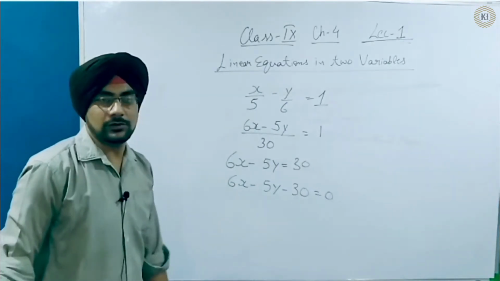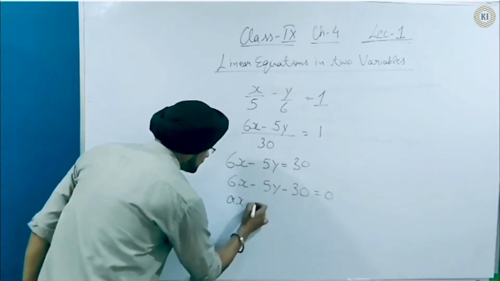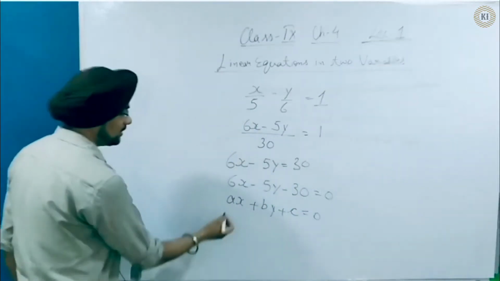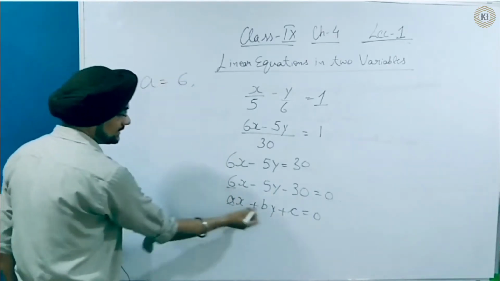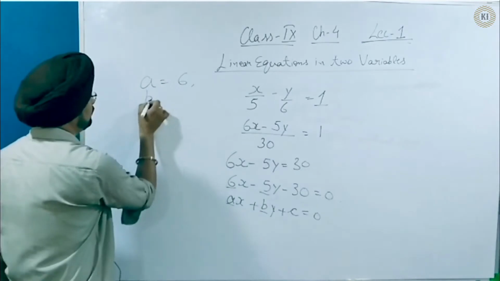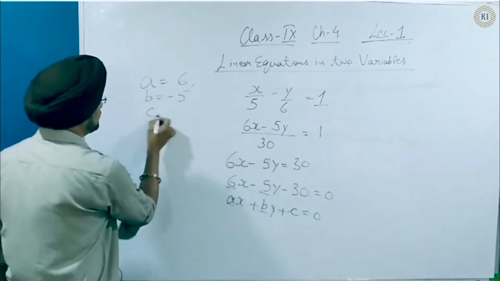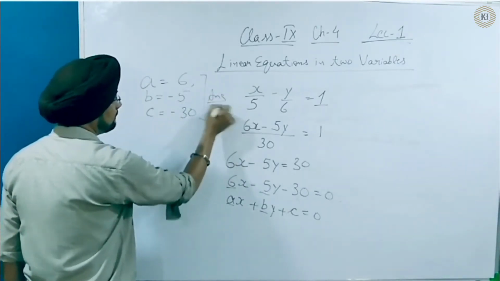Now write the general format of the equation: ax plus by plus c is equal to 0. Now compare: the value of a will be 6, the value of b will be minus 5, and the value of c will be minus 30, and this will be your answer.